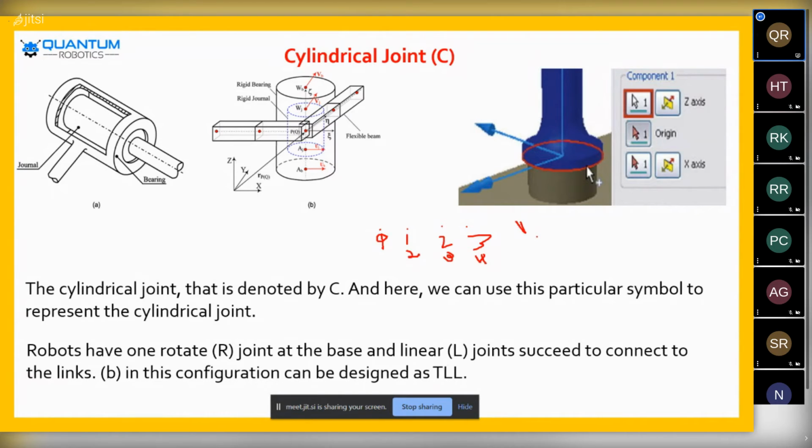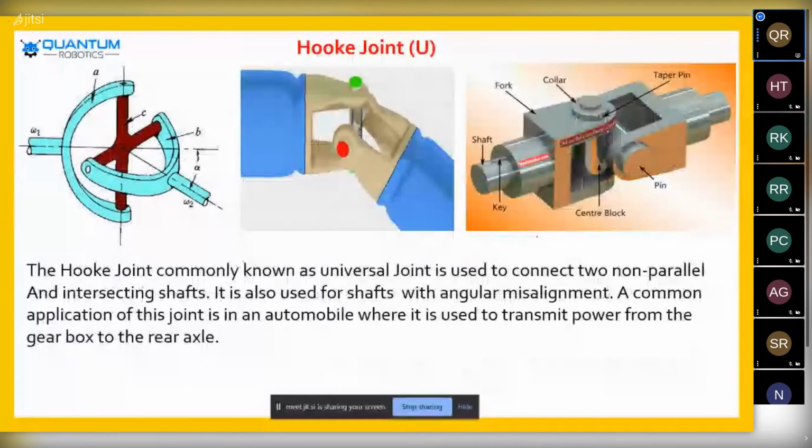Now we have seen how a cylindrical joint is synchronized with the robotic software, and how it makes the particular job condition. Now we can learn about the hook joint, which is represented as a U. The hook joint, commonly known as the universal joint, is used to connect two non-parallel and intersecting shafts.